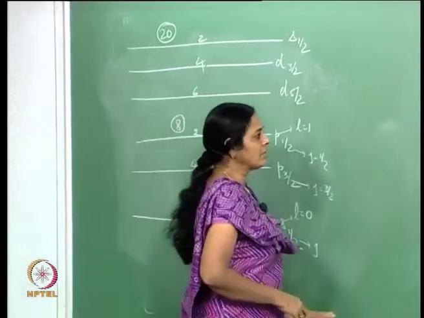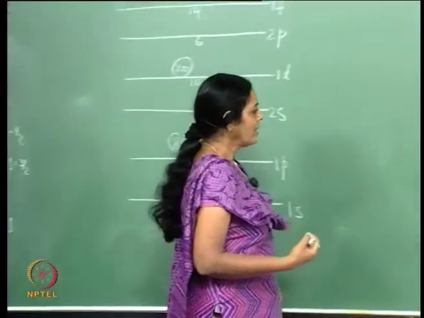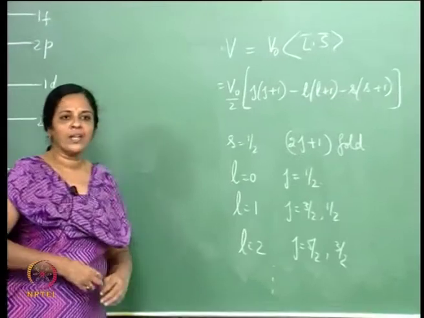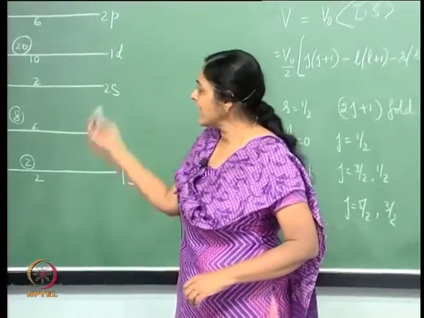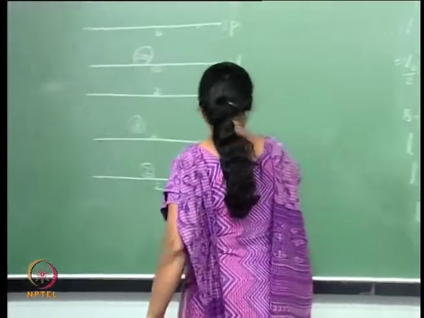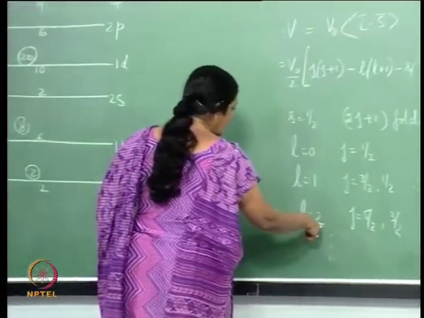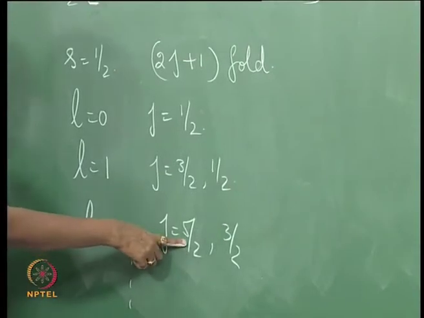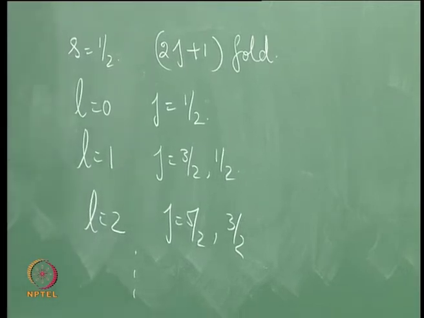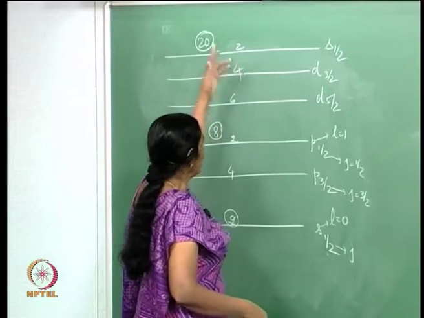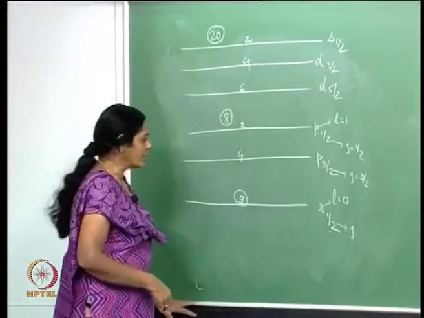And because you have taken J to be a good quantum number, you are able to explain magic numbers 2, 8, 20, 28. 28 also can be explained, because if you now look at L is equal to 2, this gives me 6 particles, and then introduce another S state with 2 particles. So, that makes it 20 plus 8, which is 28, and so on. So, you can explain various levels by using this procedure.